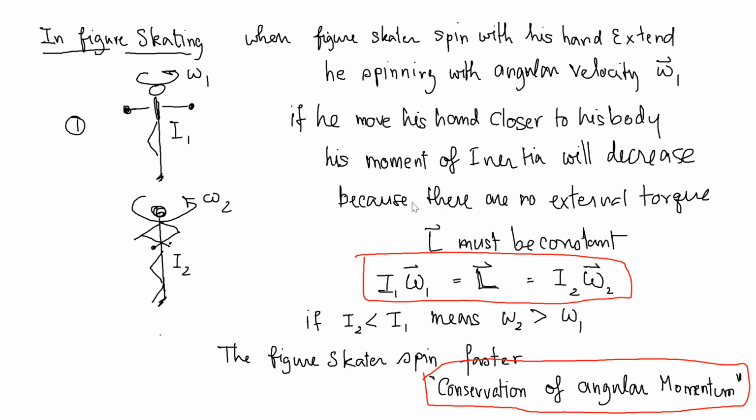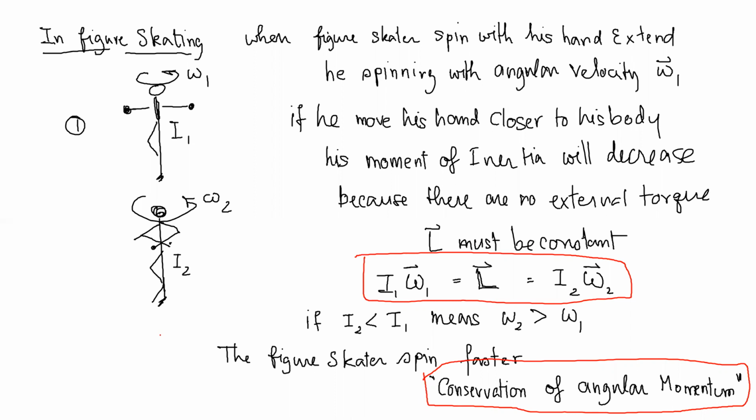Let's talk about conservation of angular momentum. Review it again. When you watch figure skating, you see that when they are moving on the ice, and then they do a show where they spin around, there is no external torque applied on the body.